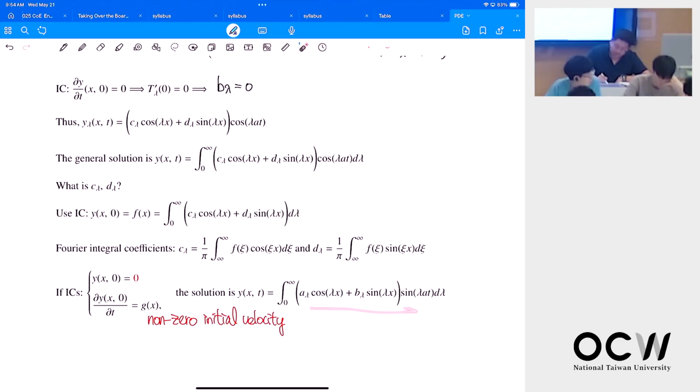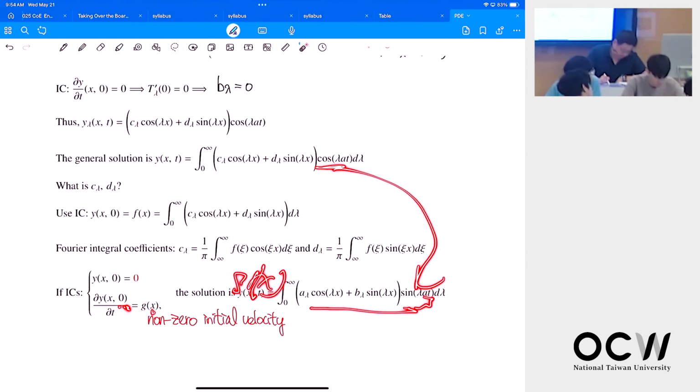Then the solution cosine becomes sine. And then it's g of x. So g of x, when t equals 0, or they take the derivative, so here will be sine. Cosine. Cosine 0 will be 1.